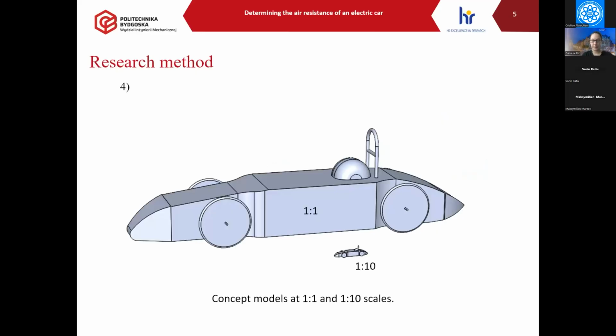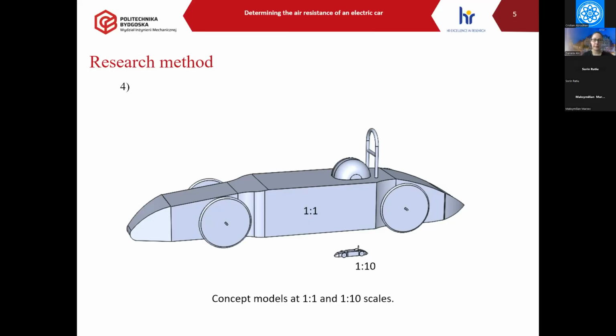The research method consisted of numerical analysis of aerodynamic drag of solid models of prepared concepts at 1:1 and 1:10 scales. The chosen scale was selected through an analysis from which it became clear that at this scale the research would remain accurate, and at the same time, reducing the model by a factor of 10 would allow the building of a wind tunnel for verification of the conducted analysis.